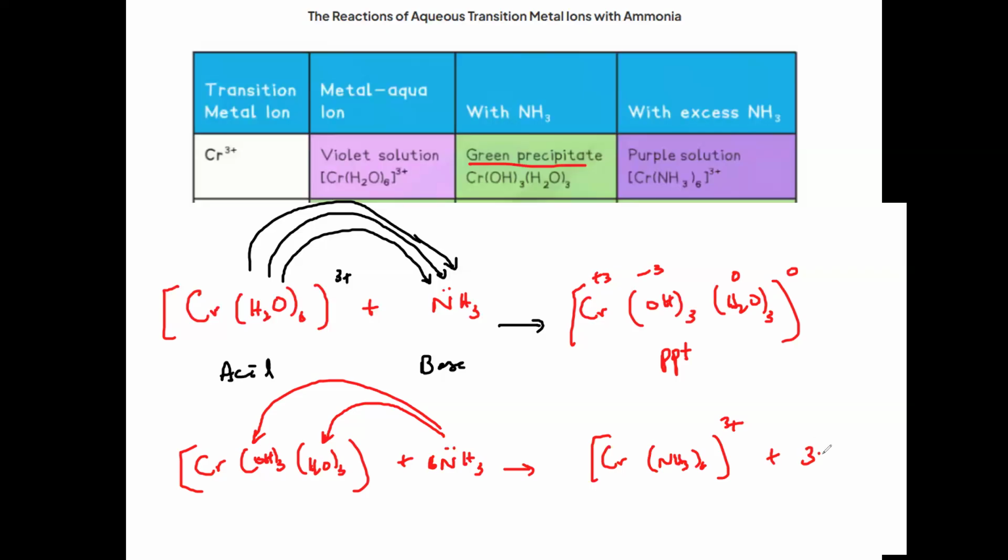As a result, 3 OH- ions are released, plus 3 water molecules are released. This will be a solution because there is a net charge on the complex. So what does this reaction show? It does not show that it is an amphoteric hydroxide. This shows that there is a ligand exchange.